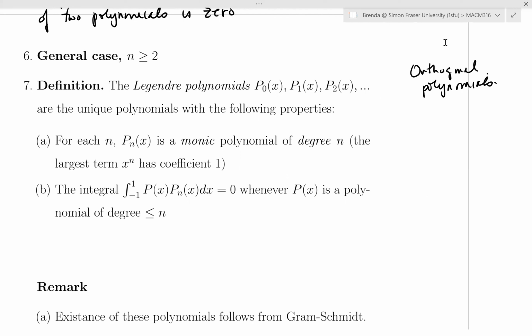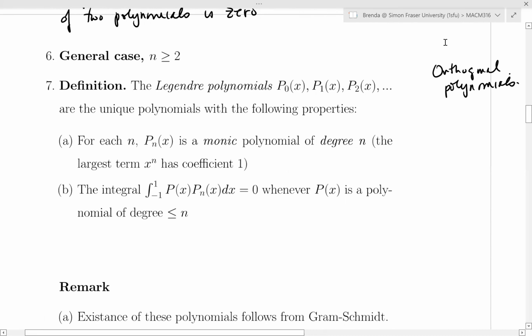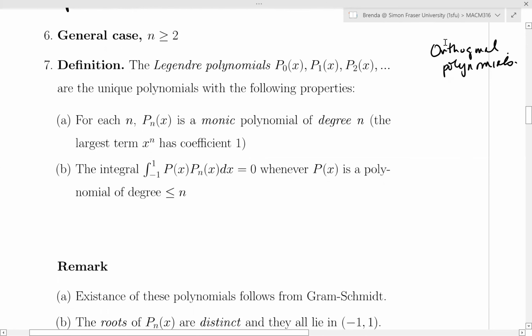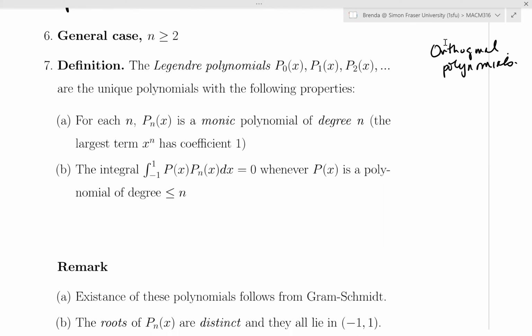Okay, so there are different families of orthogonal polynomials, and they are sometimes named after somebody who figured out the property. The first ones we're going to take a look at here are the Legendre polynomials, and they are polynomials with these properties. The nth degree polynomial is monic, which means that the coefficient on the highest order term is 1.